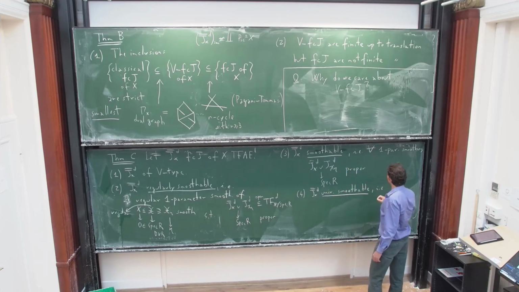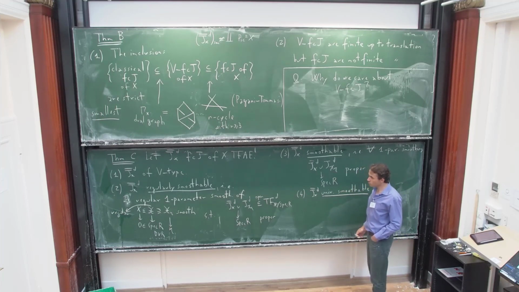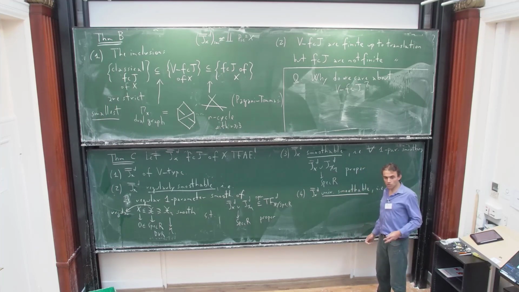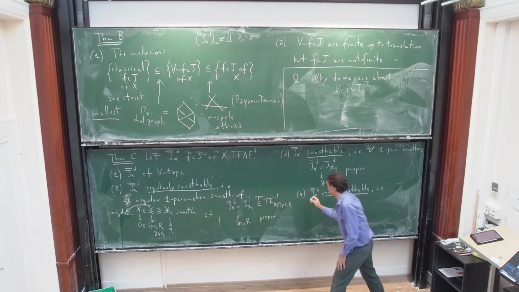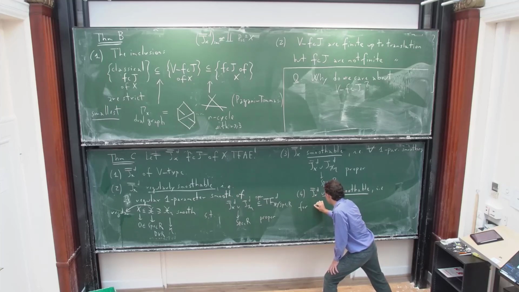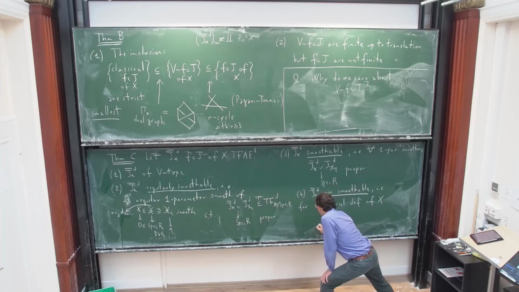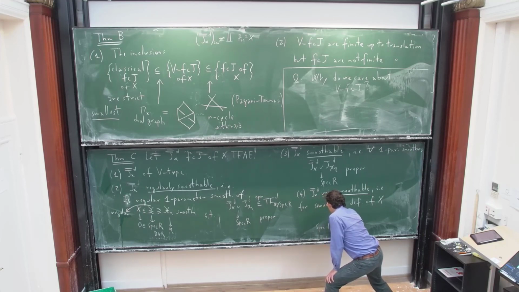This means the following, that instead of looking at one parameter smoothing, you can look at the universal deformation space of your curve. So for the semi-universal deformation of X, there will be some spec of some ring, I don't know, Rx.